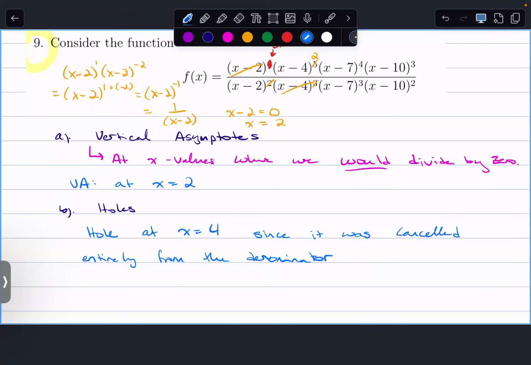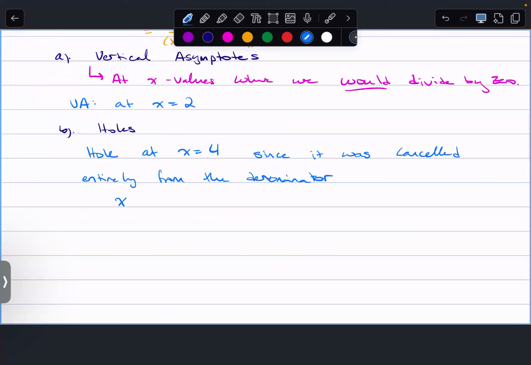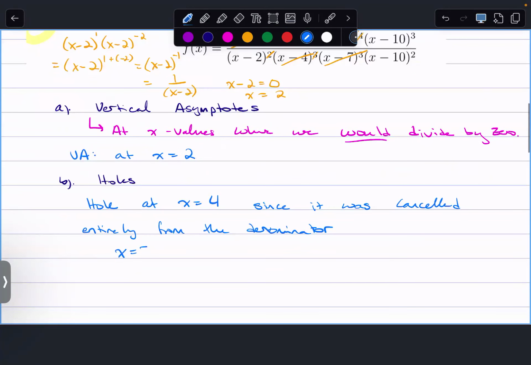By the same logic then, right? X minus 7 to the power of 4 divided by x minus 7 to the 3. Well, 4 minus 3 makes 1. So then I'm left with that here, and then this is all going to cancel. Same thing with x minus 10. So that means I have a hole at x equals 7.